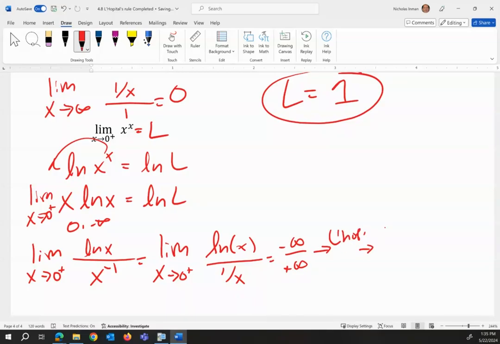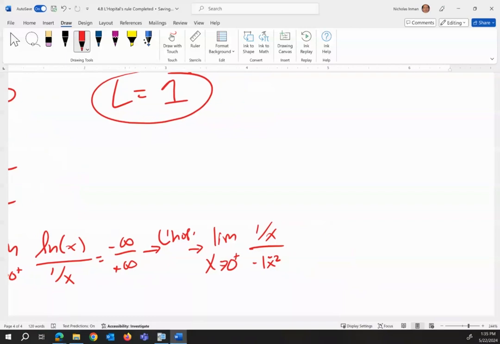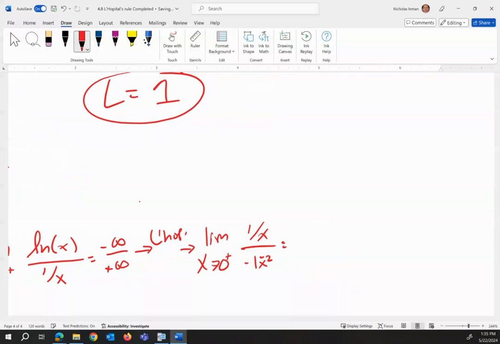So we'd wind up with 1 over x over negative 1 x to the negative 2. So 1 over x times, so this is negative 1 over x squared. So times x squared over negative 1. Okay.